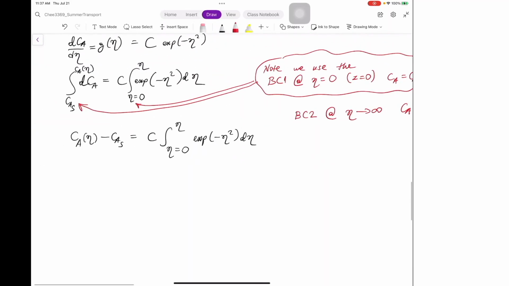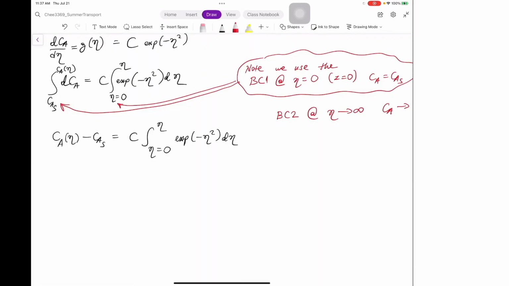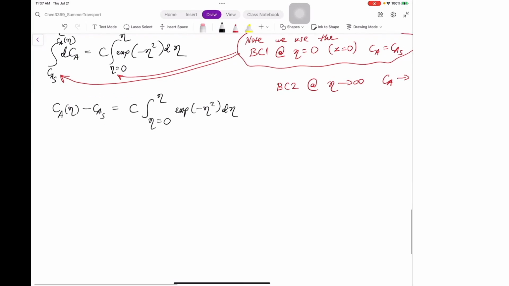So let's plug it in the equation. We get the following: 0 minus CAS is equal to C times, we want to find out this constant C, that's why we're using this boundary condition, the integral from 0 to eta going to infinity of exponential negative eta squared d eta.